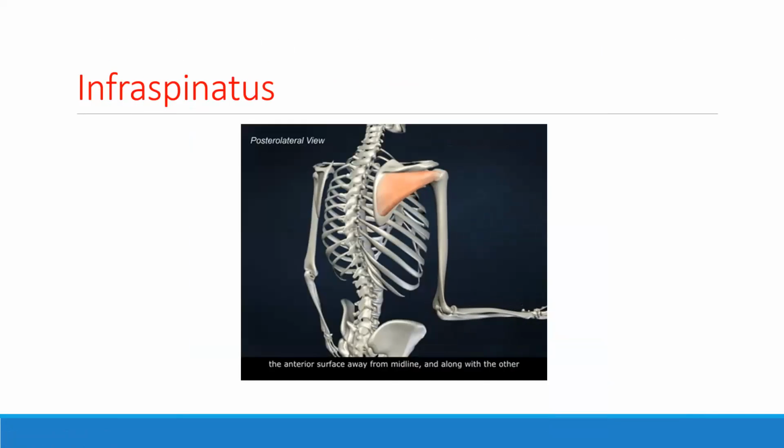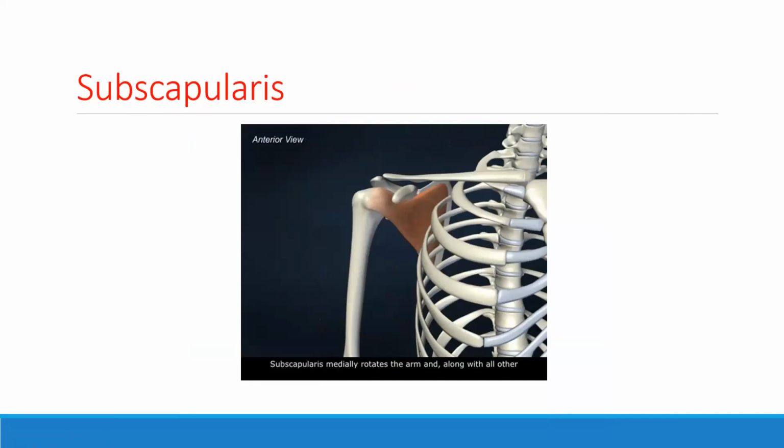Here we see the infraspinatus pulling on our arm, pulling it backwards. And remember, all four of these can be working together to give us this incredible range of motion. And of course, there's the subscapularis rotating the arm towards the midline in conjunction with what the other muscles are going to do, depending on what we're trying to do with our arm.